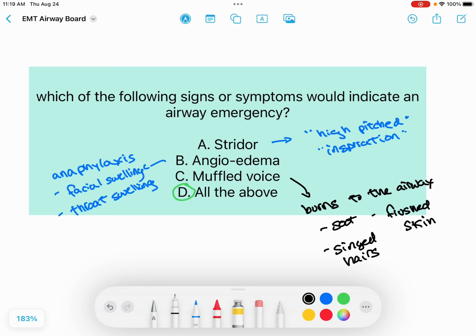We should start thinking, okay, they inhaled a lot of hot gases. Maybe they have an airway burn too. And the problem with airway burns is that burned tissue swells up and it doesn't just simply unswell, if you will. So definitely it can get very bad very quickly. So all of the above are going to be airway related things that should really, really concern us.